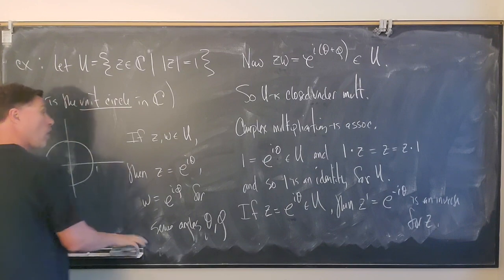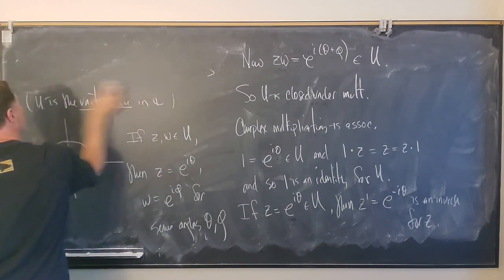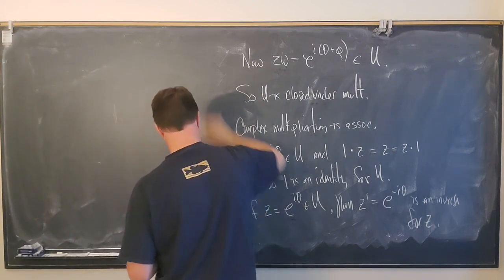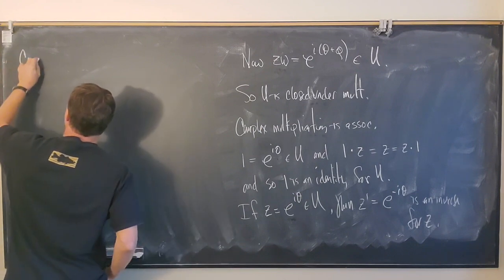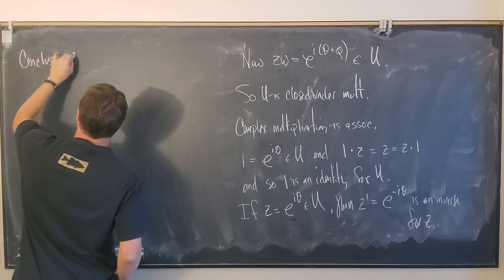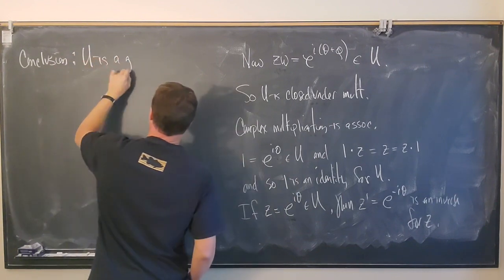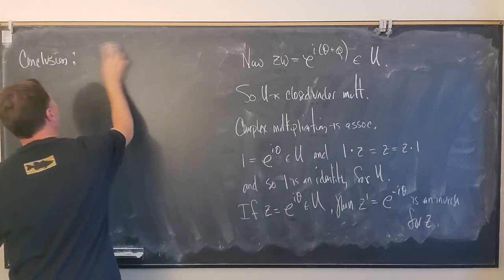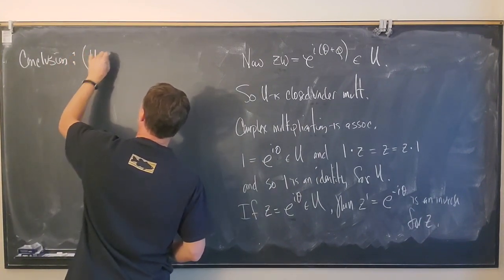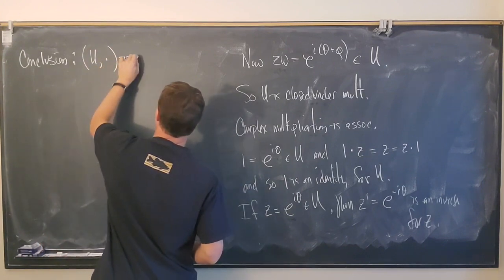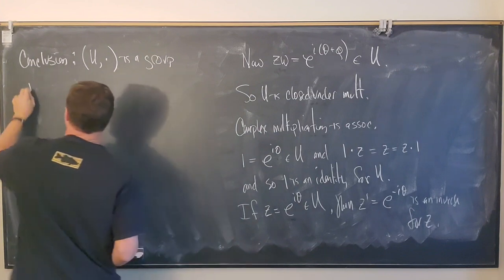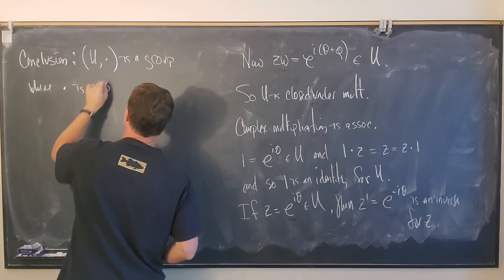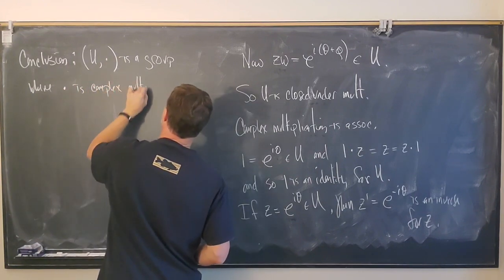What's our conclusion? Our conclusion is that U is a group under, I've got to write it better, I need to write it like this: U, comma, let's put a dot there, is a group where dot is complex multiplication.